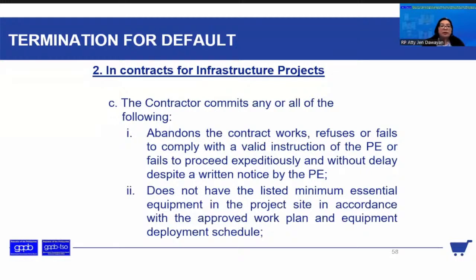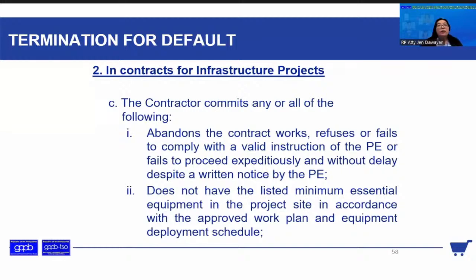And then, if the contractor commits any or all of the following, for example, he abandons the contract works, or he refuses or fails to comply with the valid instruction of the procuring entity. Like for example, what we discussed earlier, there is an instruction to put up safety notices.